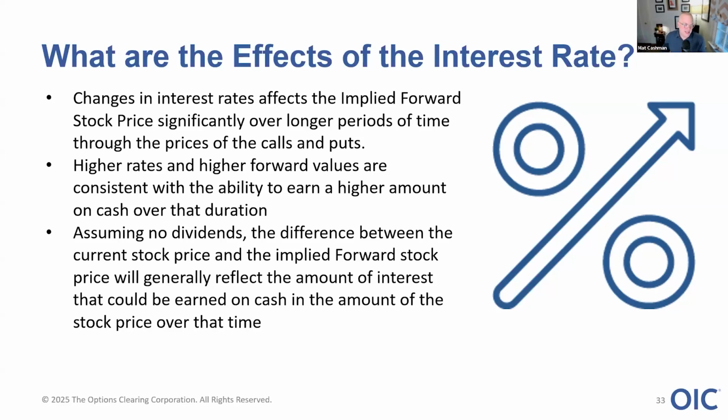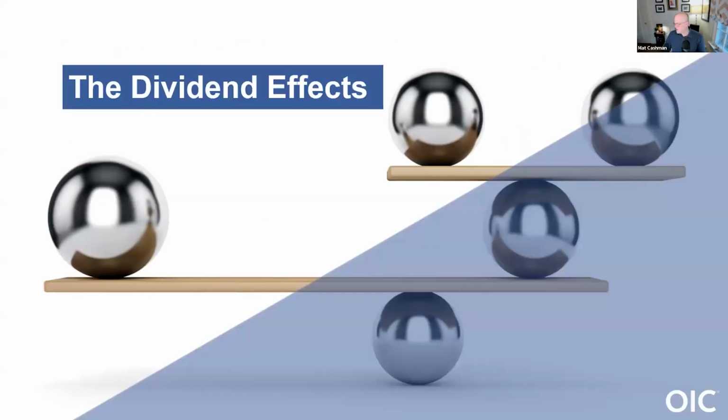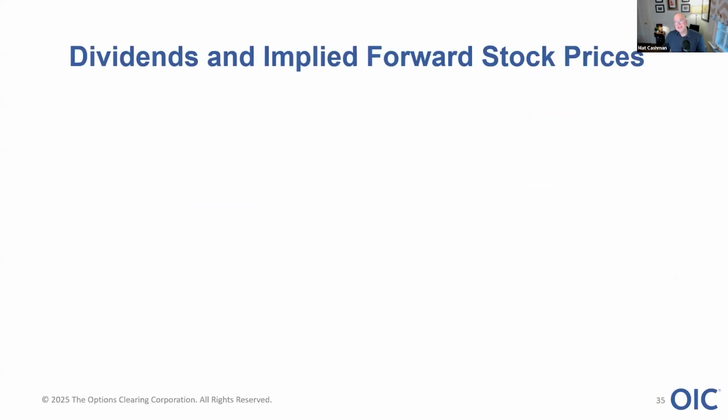Now let's talk about dividends, because that's the other discount factor you need to really take into account when you're thinking about this. The dividend effect on implied forward prices. At the same time that you have interest rates doing their thing in the background on these implied forward prices, you will have certain scenarios, especially if you're trading stocks that pay dividends, where there are dividends that are included in some options, but not included in other options.